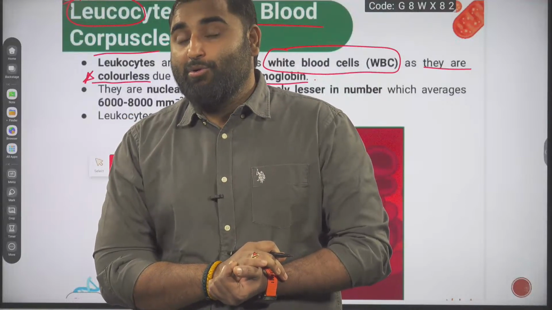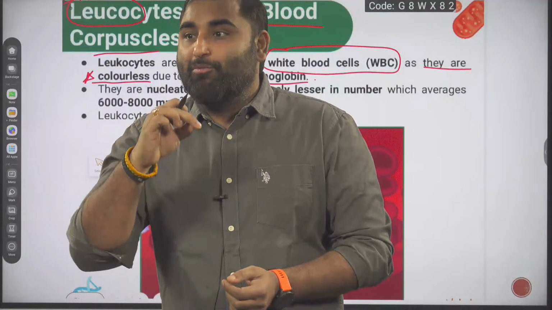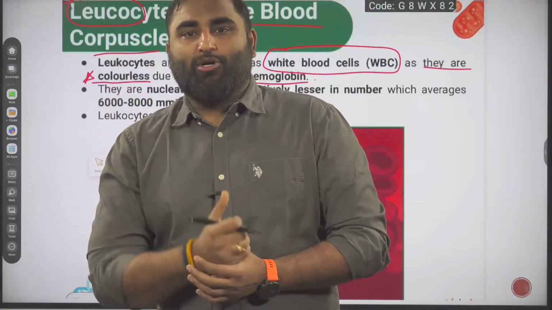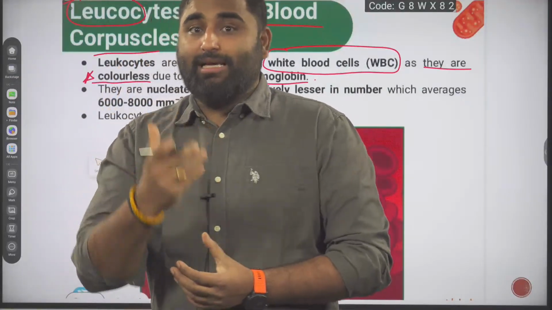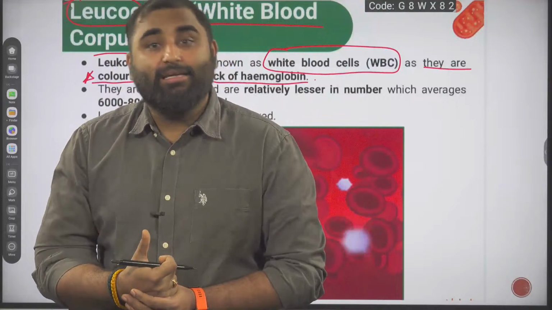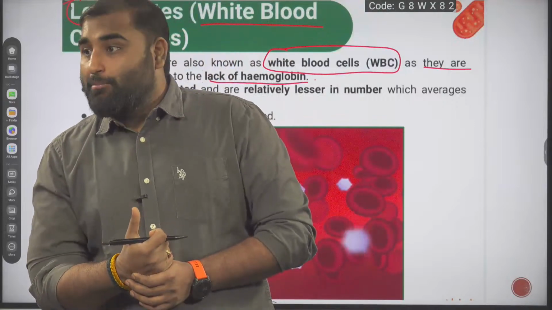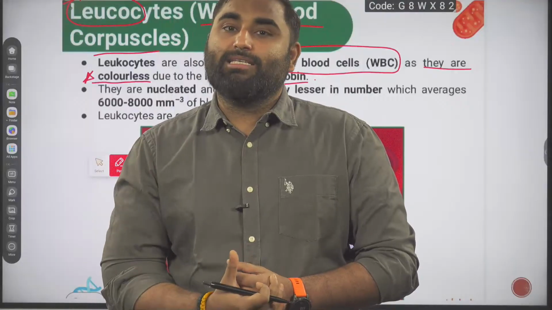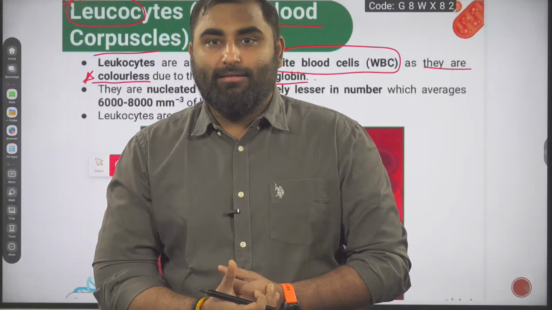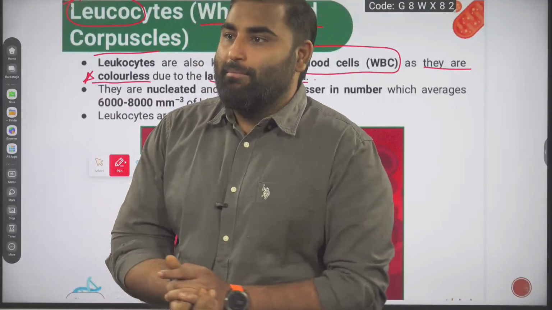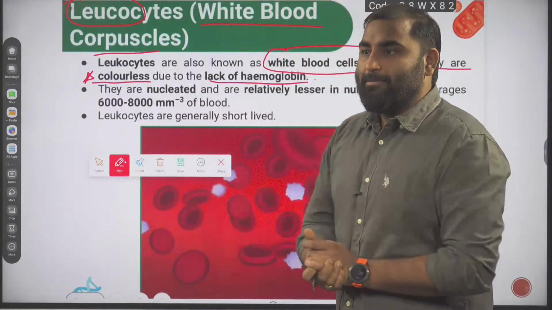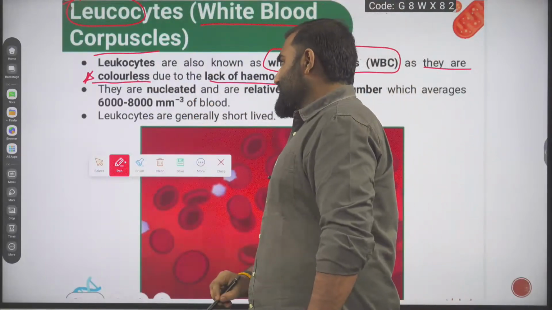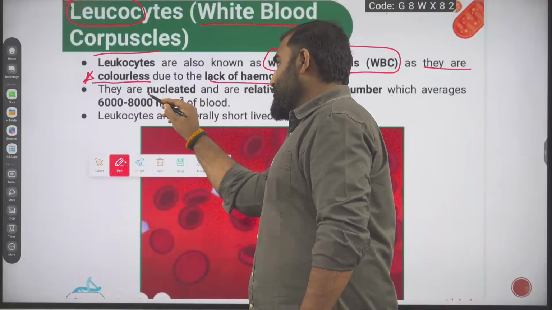But for counting WBC, you have to put a stain on the slide. That stain colors the granules and the nucleus present in the WBC, so you can see the different WBCs and count them to understand whether the number is normal or not. So they are colorless, but they are nucleated.